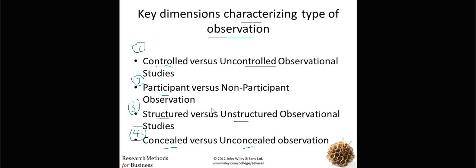So di sini kita nampak the best one is how the participant lah. Participant then be structured. Whether this one conceal and not conceal, terpulang depend on company observation, company application ataupun permissions. Okay. The basic is participant and structure. Itu saja.